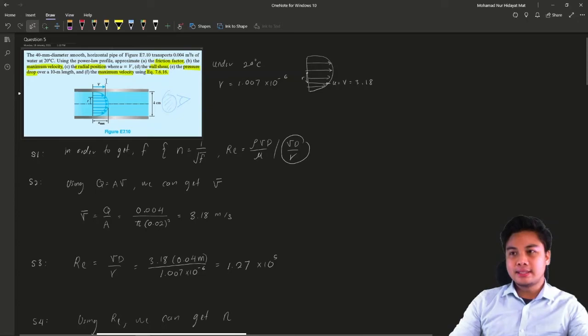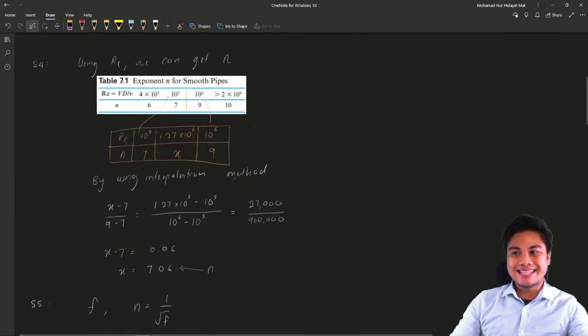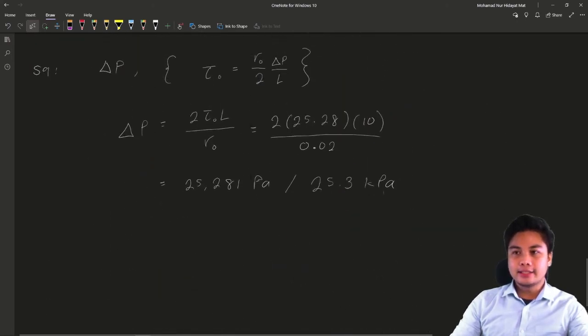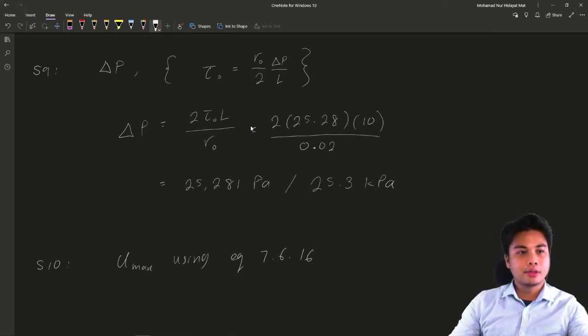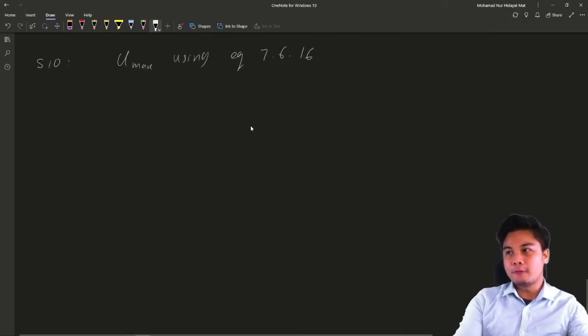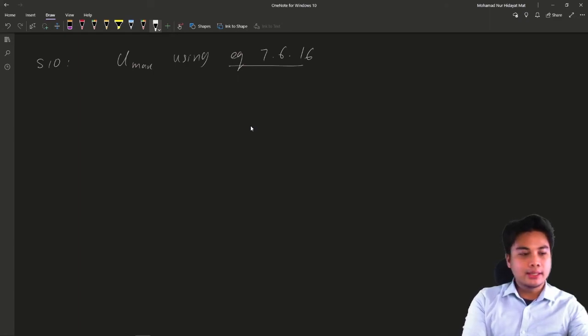And then the last question asks for the maximum velocity using equation 7.6.16. Again, the question asks for U max. So step number 10, find the U max using the given equation 7.6.16.